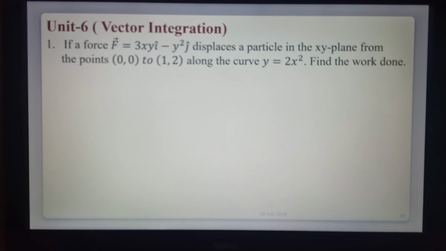So find the work done means you have to find the line integral. This question is also repeated many times. So you have to find the line integral for the given vector field. Okay?